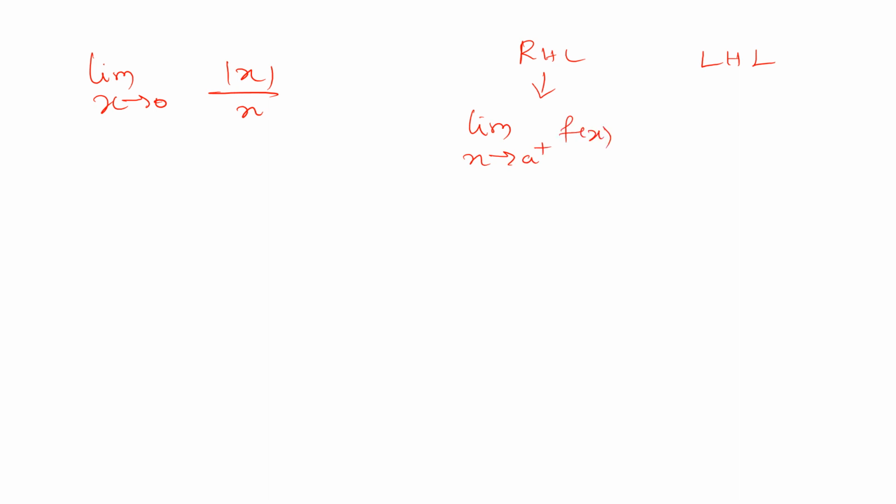Suppose I want to evaluate limit x tends to 0 of mod x by x. This is a little complicated function, so I'll rephrase the definition of RHL and LHL. RHL is limit x tends to a plus of f of x, and LHL is limit x tends to a minus of f of x. For finding RHL, we approach right side values of A, that is A plus h.